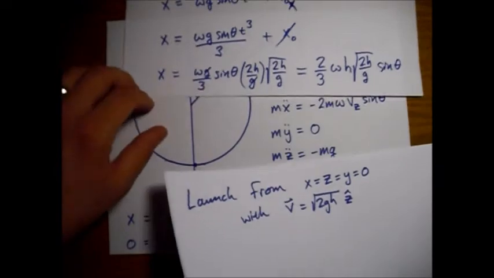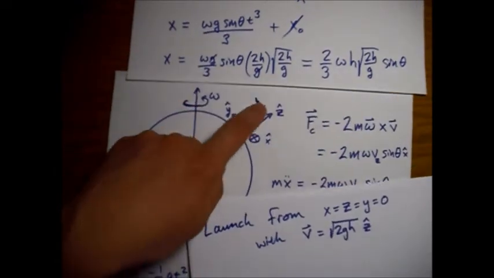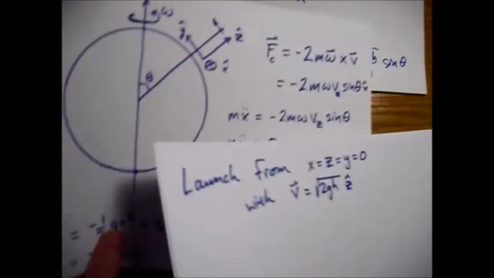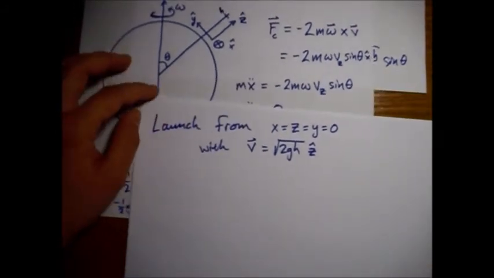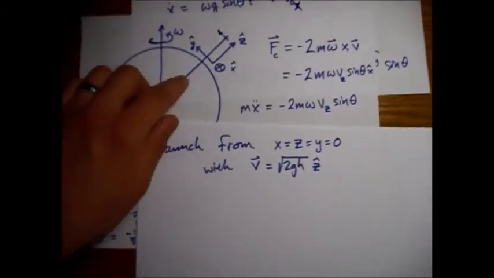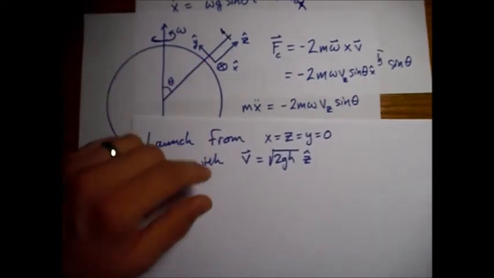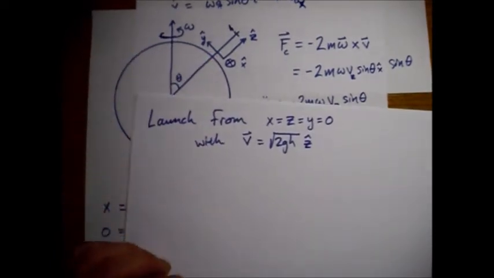Okay, so we're launching it straight up from the Earth's surface, and then we're going to let it fall all the way back down. All right, then we'll see what the net displacement is for x.